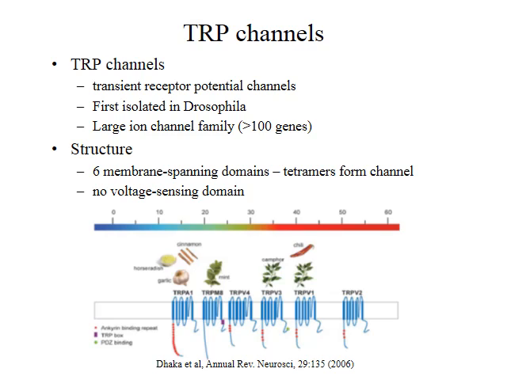The structure is similar to that of other voltage-gated channels. There are 6 membrane-spanning domains, and 4 of these subunits are needed to form a complete channel. However, there's no voltage sensing domain in this channel, so these channels are not voltage dependent.